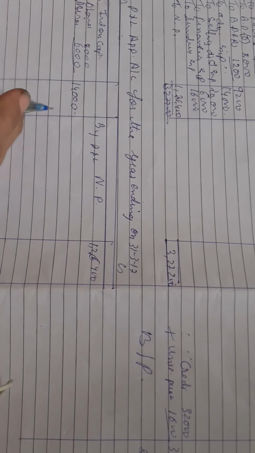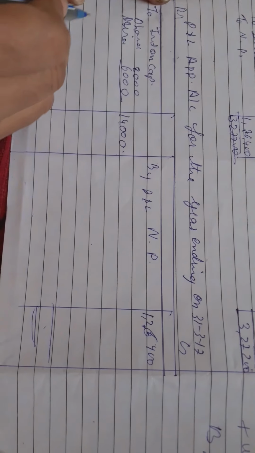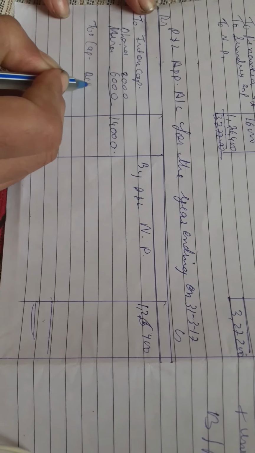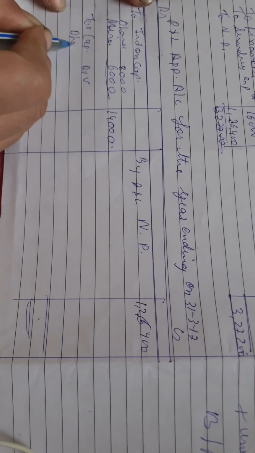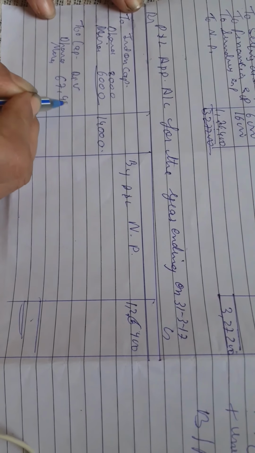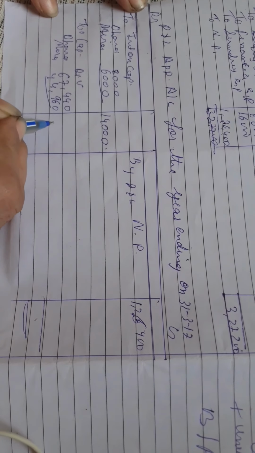1,26,400. Afterwards you are going to distribute this balance in the profit sharing ratio, capital account, divisible profit. It is Dhara and Meera, 44,960 you are going to write here.